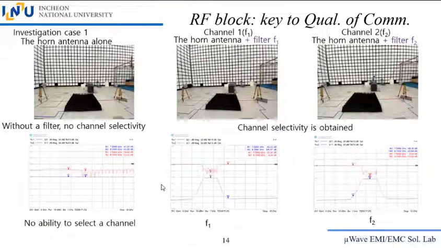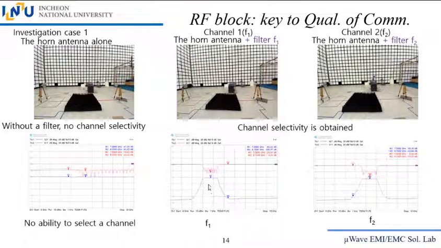And we went further. If we have a good bandpass filter for F1 and a bandpass filter for F2, when these bandpass filters are combined with the horn antenna for feeding, like this, signal for F1 is well accepted, while signal at F2 is not accepted.